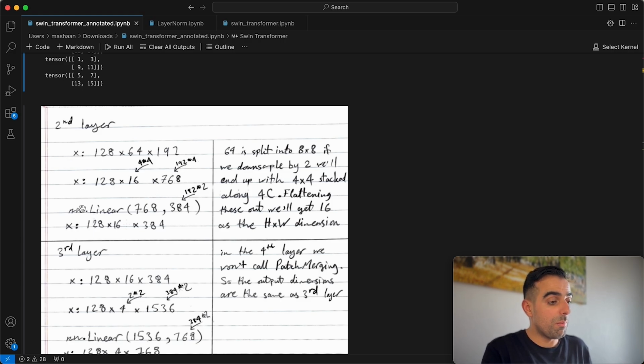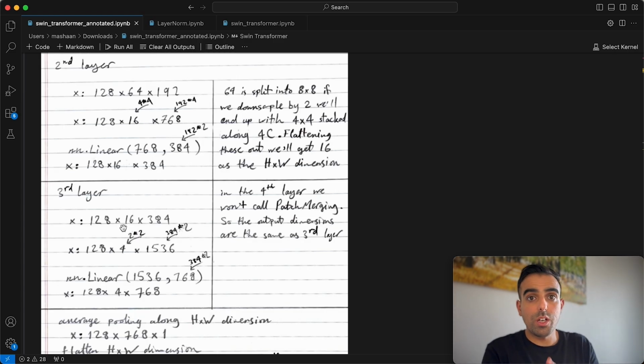So we will run them through a linear layer to map 4C, 4 times the channel dimension, to 2 times the channel dimension. So the end of the second layer will be 128 images by 16 patches by 384 channels. The third layer will do the same.